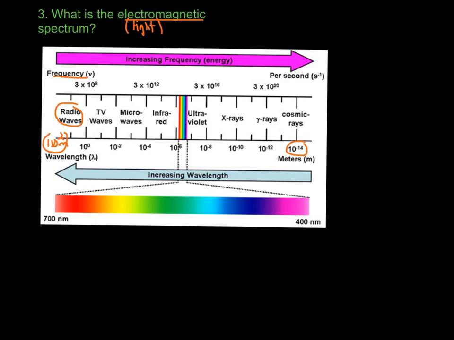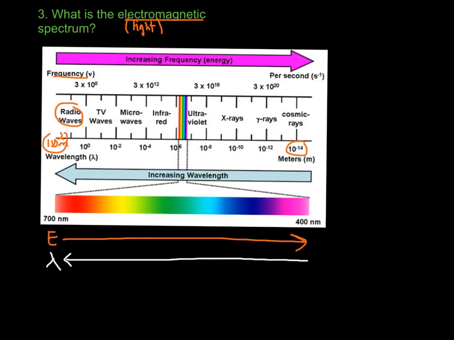So energy is going to increase in this direction. And you've got wavelength, so wavelength is actually going to increase in this direction. And then you also have frequency, and your frequency is going to increase in this direction. So frequency and energy increase in the same direction, and wavelength is the opposite.